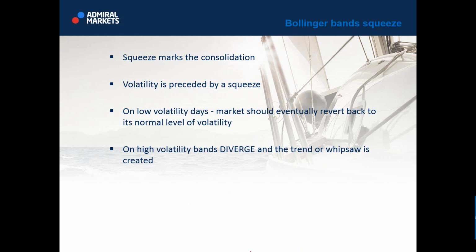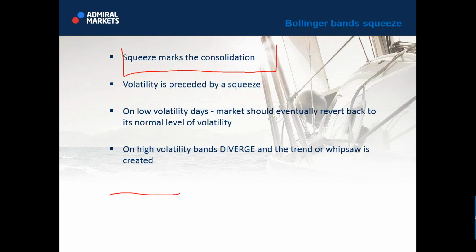Okay, so the squeeze marks the consolidation, which is usually followed by distribution or a trend. Volatility is preceded by a squeeze. Usually after the squeeze we will see volatility. On low volatility days the market should eventually revert back to its normal level of volatility.